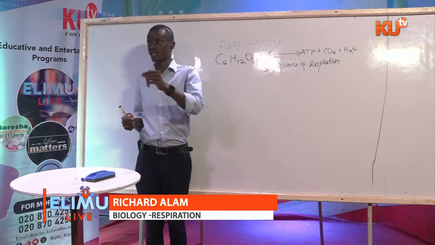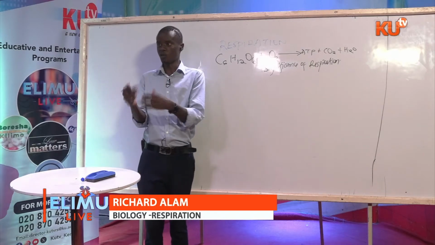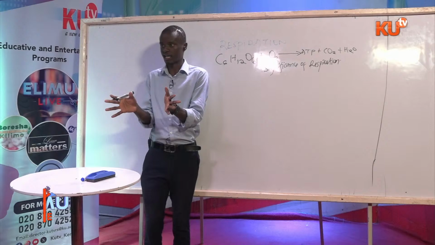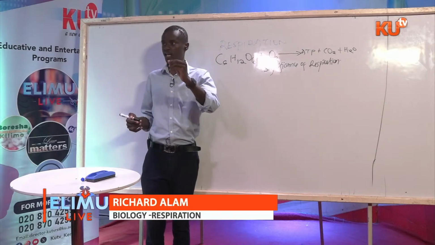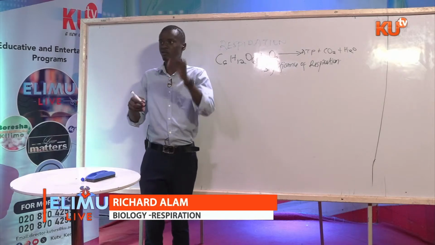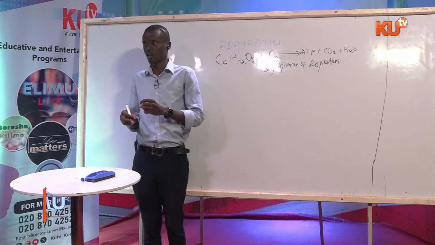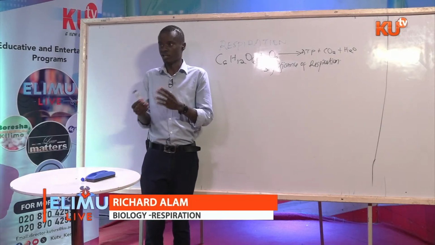Respiration takes place in mitochondrion, which is a cell organelle. And therefore, you will realize that cells requiring more energy have numerous mitochondria to provide energy for the various activities.